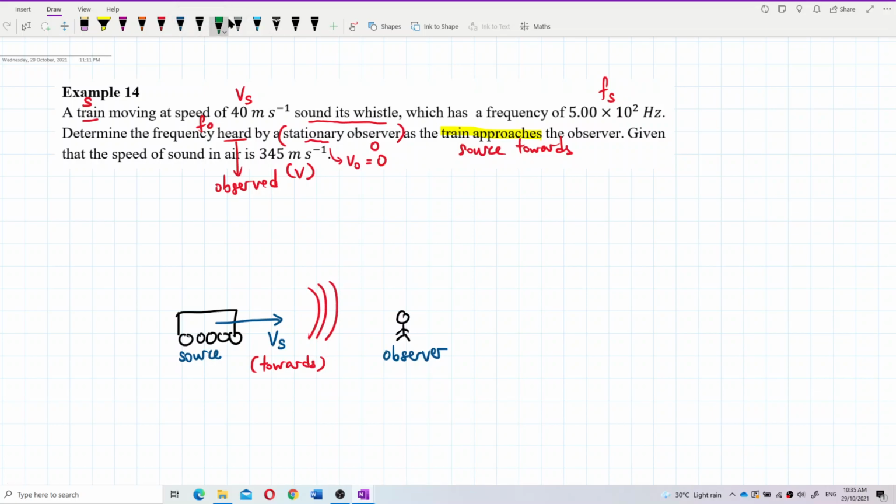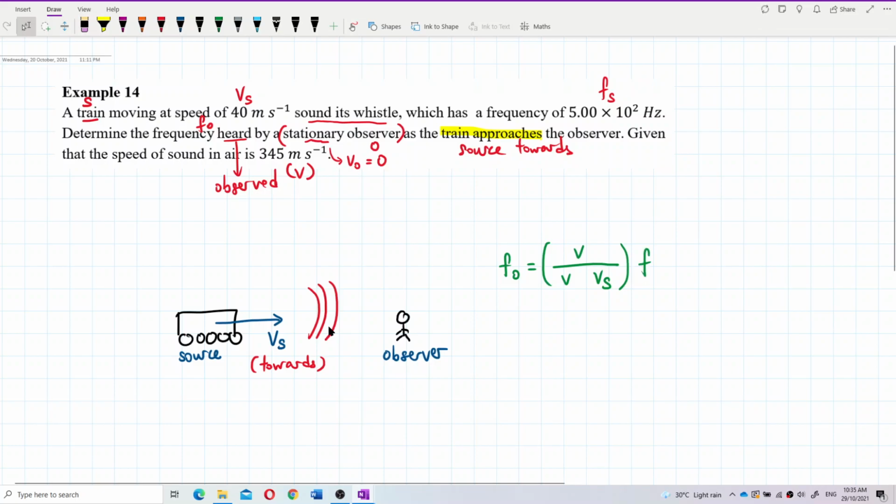Our formula: the observed frequency equals V, and because VO is 0, at the top only V, and Vs is at the bottom because the source is moving, and this is Fs.